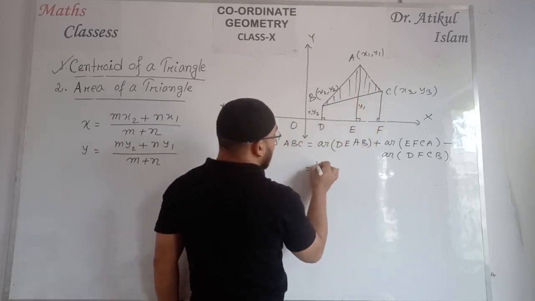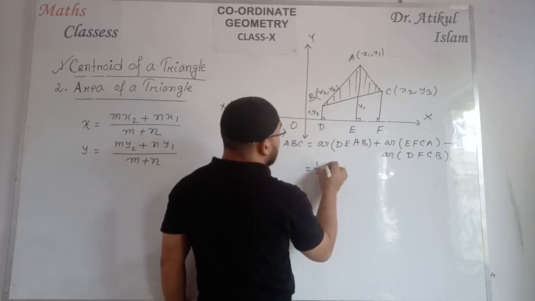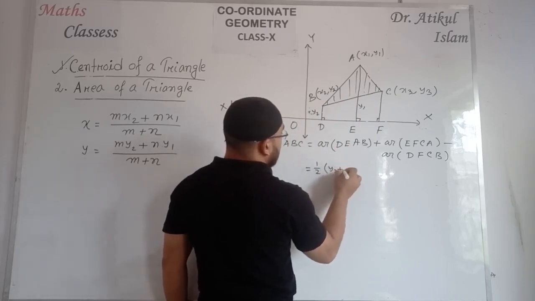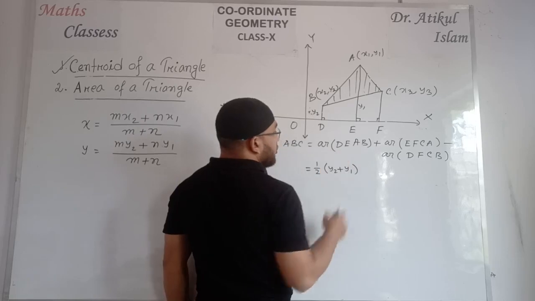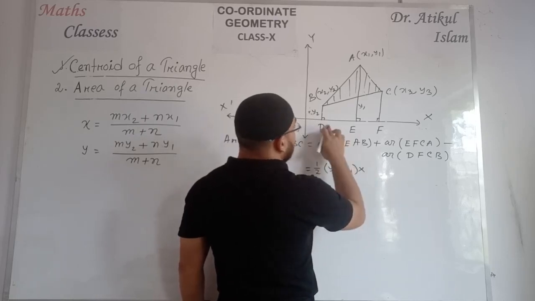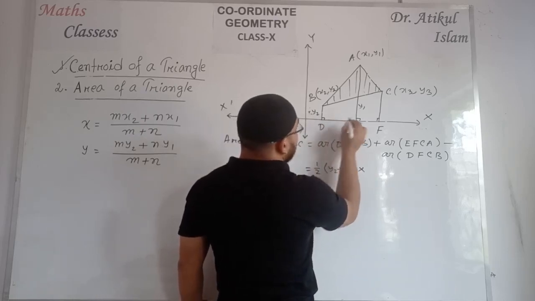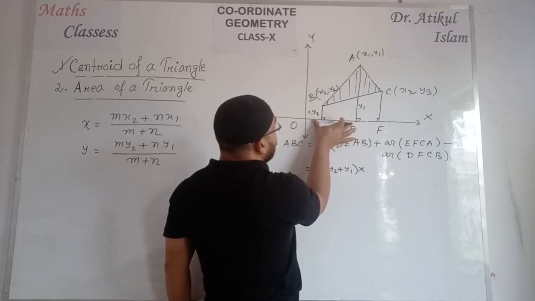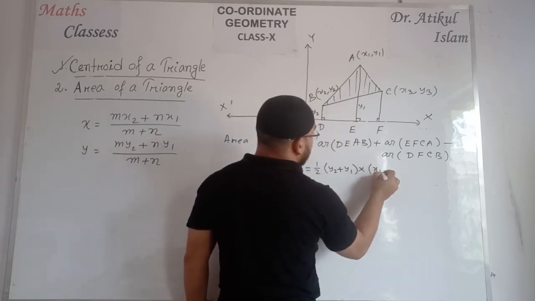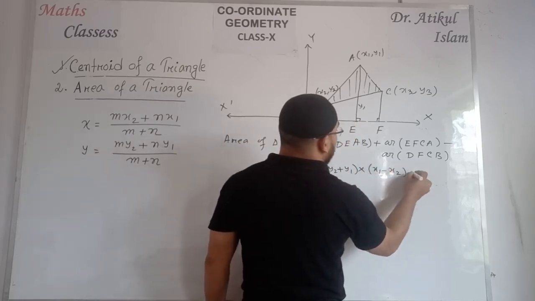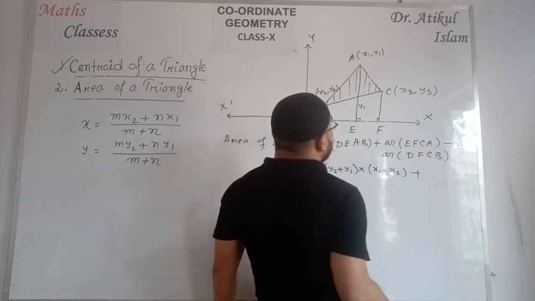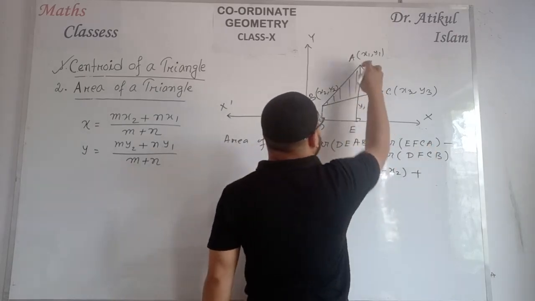So half into (y2 plus y1) into height, which is DE, nothing but x1 minus x2, plus the area of EFCA.